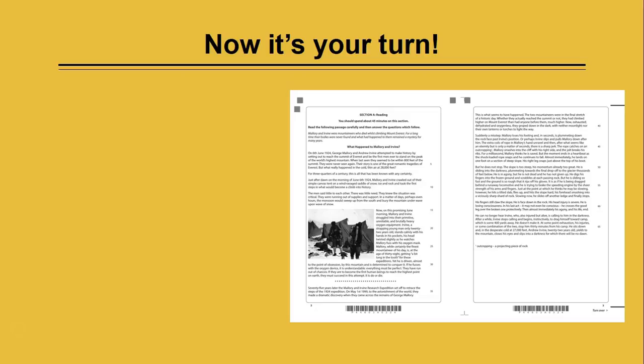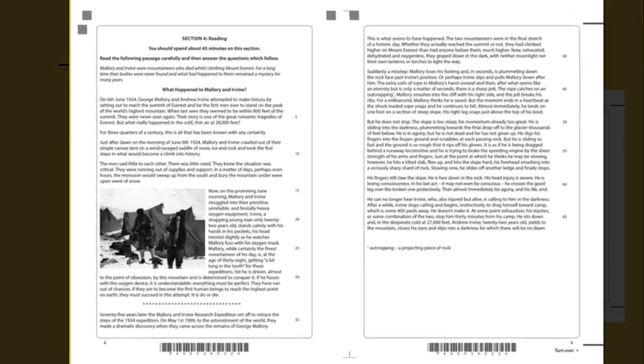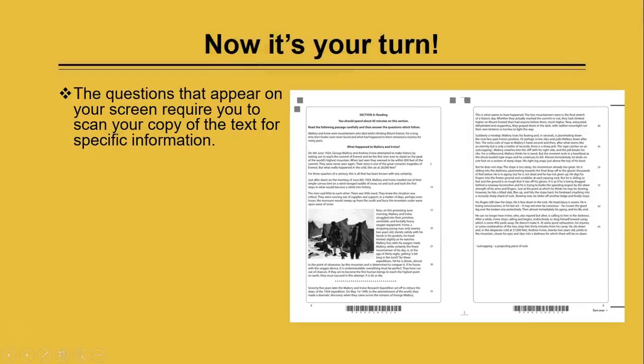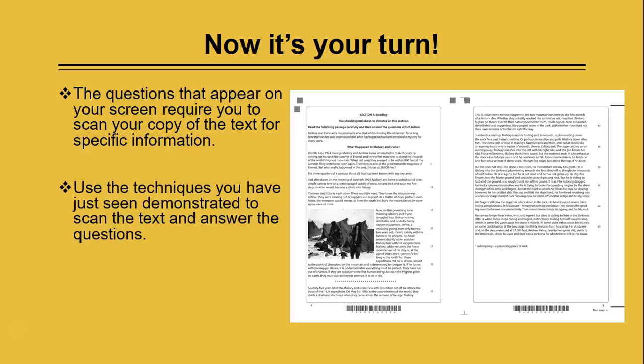Okay, so now it's your turn. You have a copy of the text that you can see on your screen, so you should have already printed that off. And what you're going to do is to answer some questions that are about to appear on your screen. They will require you to scan your copy of this text for very, very specific information. Use the techniques that you've just seen demonstrated to scan this text and answer the questions effectively.